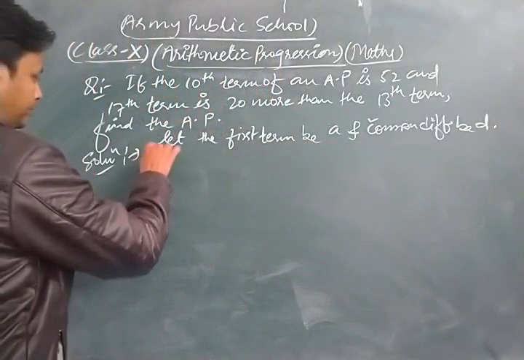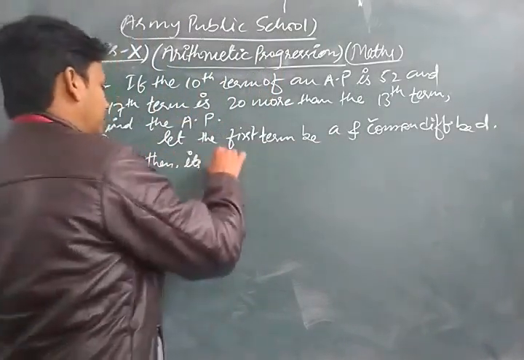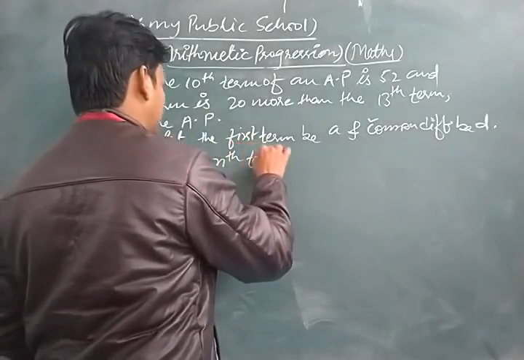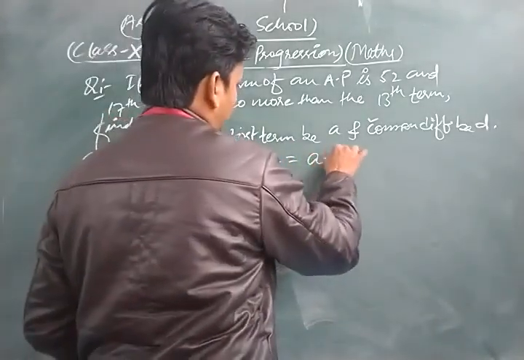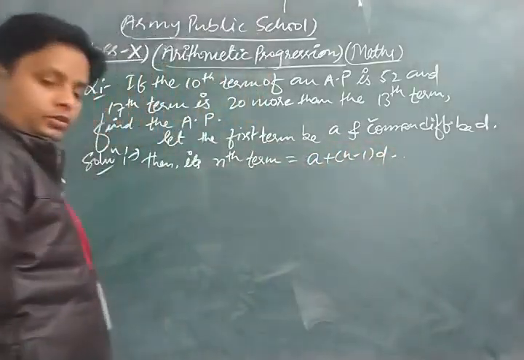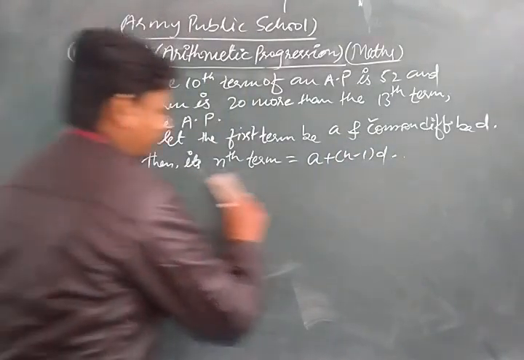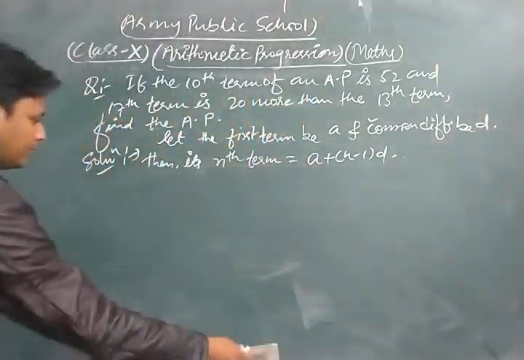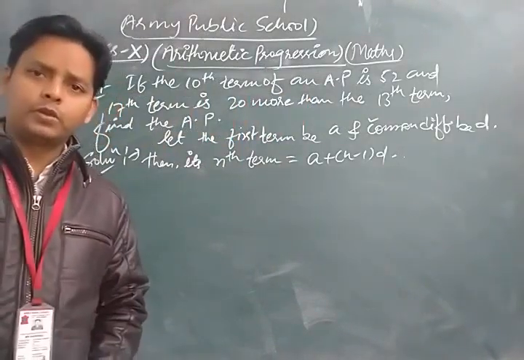Then its nth term will be A plus (n minus 1) into D.